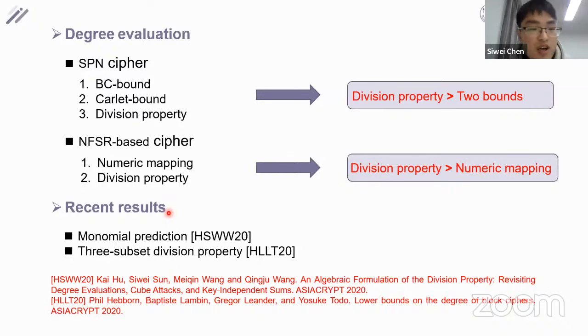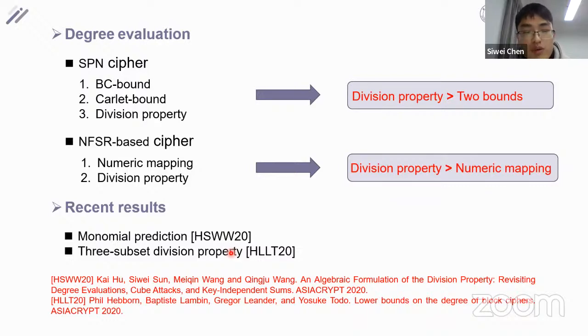So in this work, we gave arguments on the relationships between different methods for algebraic degree evaluation, and we conclude that division property is the most accurate from the accuracy perspective. In fact, there are two methods to compute the exact degrees: monomial prediction and the 3-subset division property, but you have to explore some special optimization strategies because both of them have to enumerate the truth from the input propagating to the output.